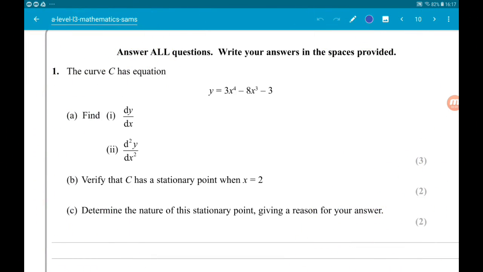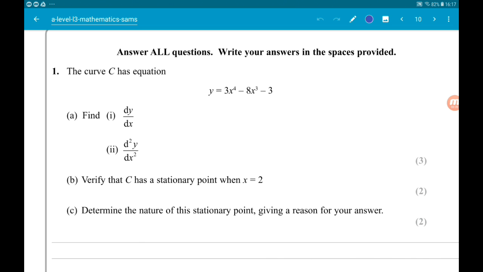Okay, number 1, the curve C has equation y equals 3x to the power 4 minus 8x cubed minus 3. Part 1 wants us to find dy by dx.